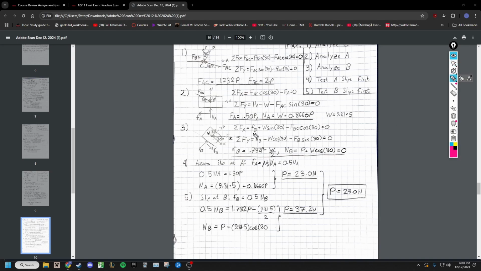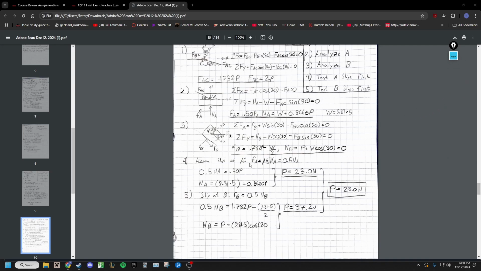By going through our equations of equilibrium, we find that F of B equals 1.732P minus W over 2, since sine 30 equals 1/2. And NB equals P plus W cosine 30. That's just the equation of equilibrium.